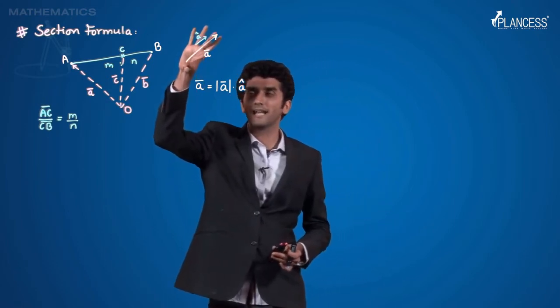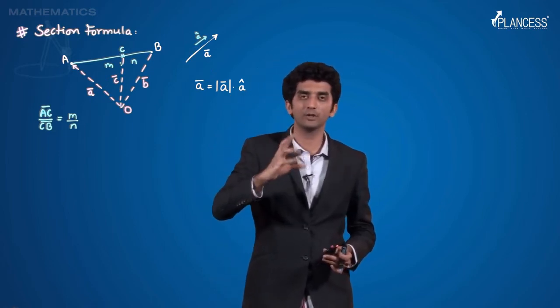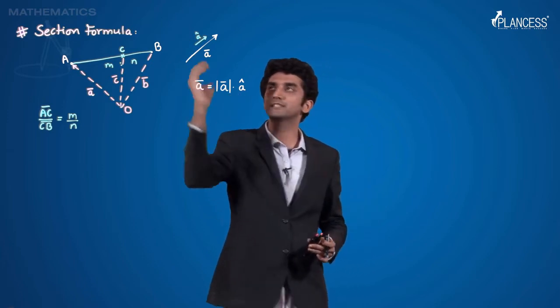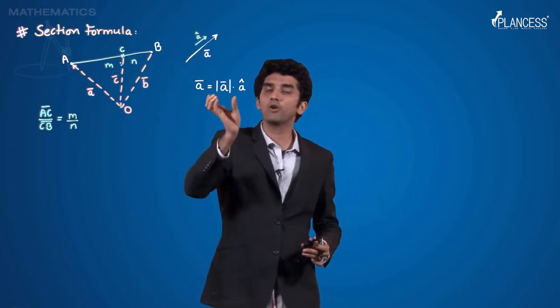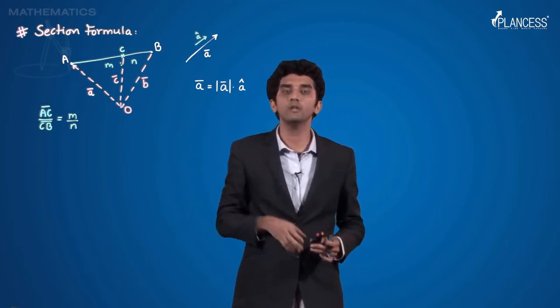And a bar can be written as this length into a cap, because what a cap does is just give you direction. Since it has a unit magnitude, it does not have a multiplying magnitude, right? So it just gives you the direction, and mod of a bar gives you the magnitude. Hence this into this will give you a bar.